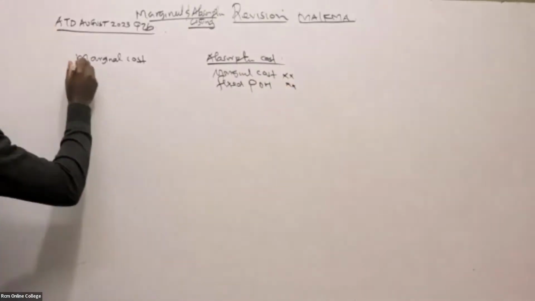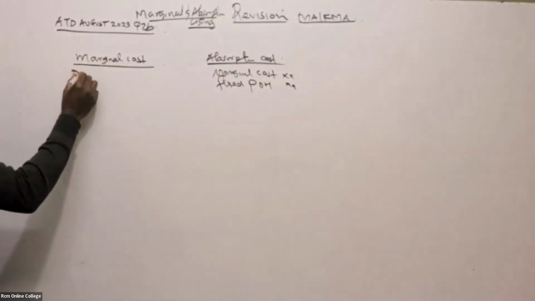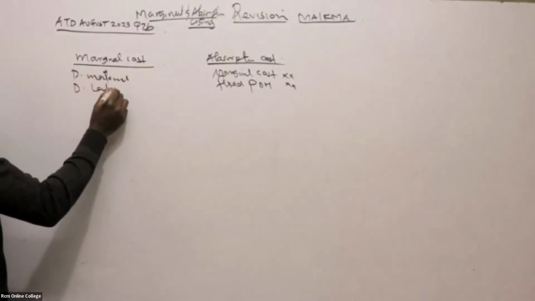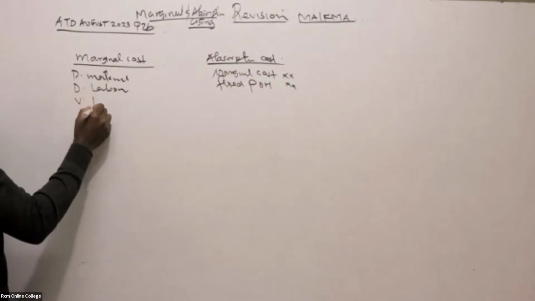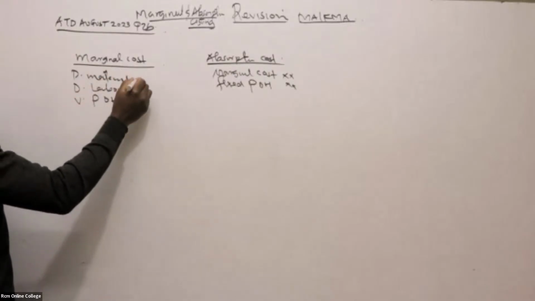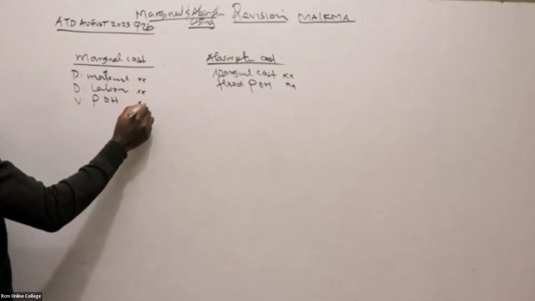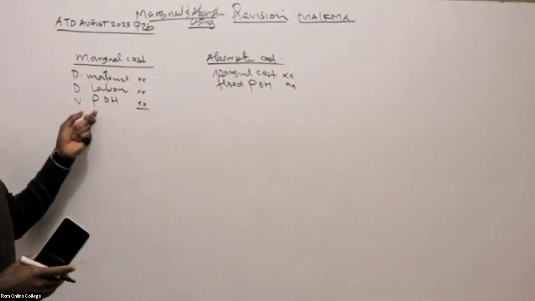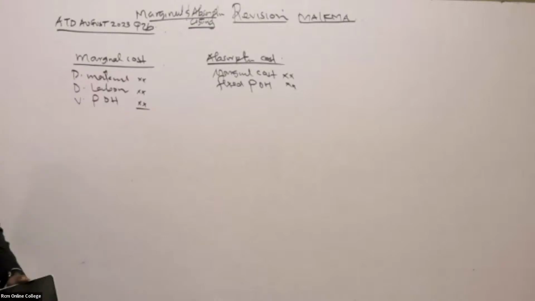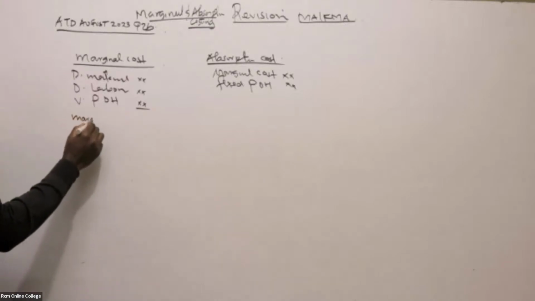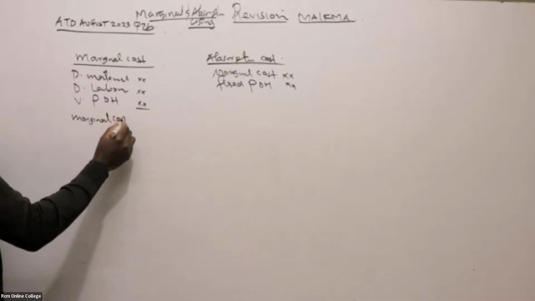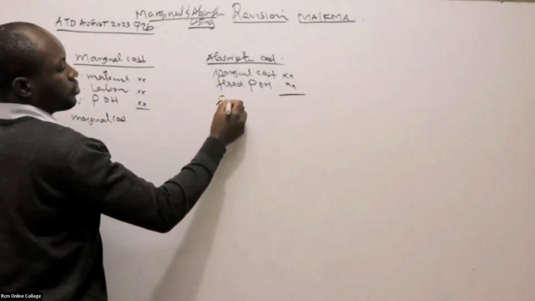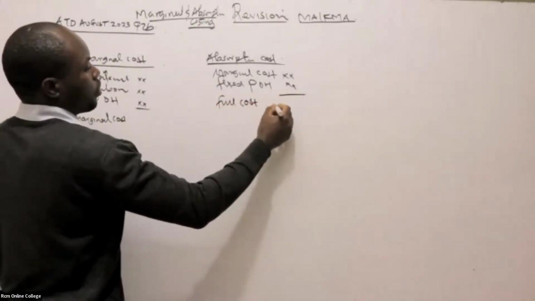Now our marginal cost has direct material, direct labor, and variable production overhead, and that's all. When you add the first two, you get what we call prime cost. When you add variable production overhead, you get marginal cost. Of course, when you add the fixed production overhead, you get full production cost.